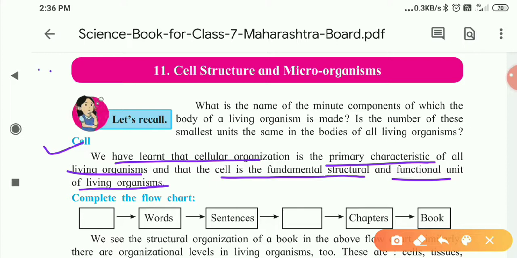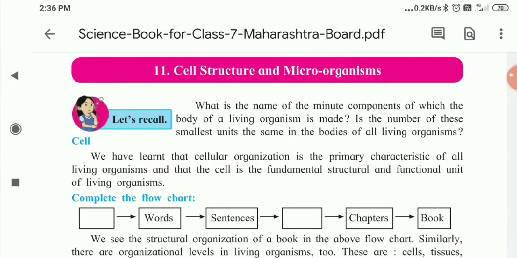As in our body all the functions are going on, digestion takes place, respiration takes place, growth, reproduction, death, these activities are going on in our body.